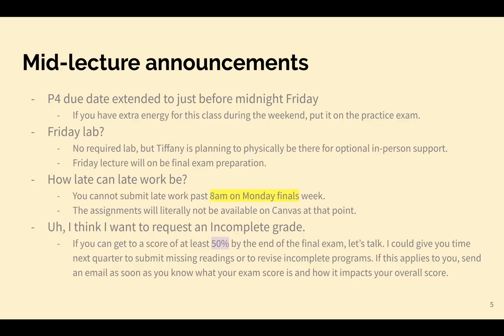So if you are at or above 50% and you think you would benefit from having some time next quarter to turn in anything you've skipped or to maybe revise your past programs, you can request an incomplete. But do consider that maybe you want to use an incomplete to go from an A- to an A, but not having that letter grade registered means you can't, if you're hoping to use this class to declare the AGPM major, they need to have your grade in.